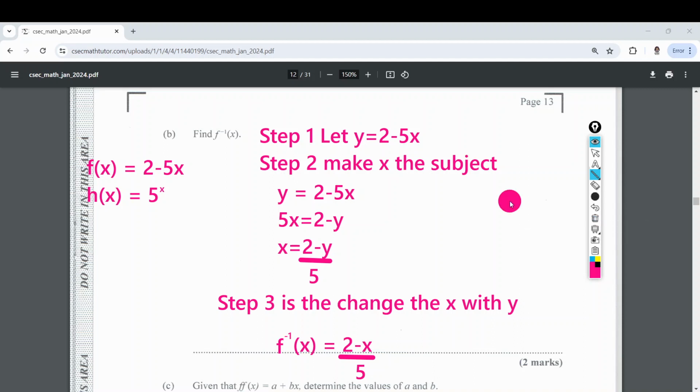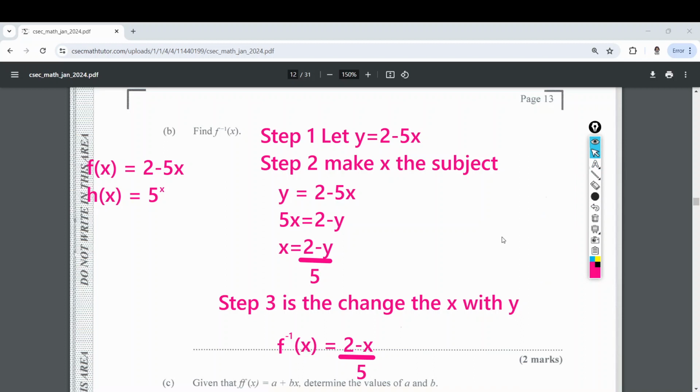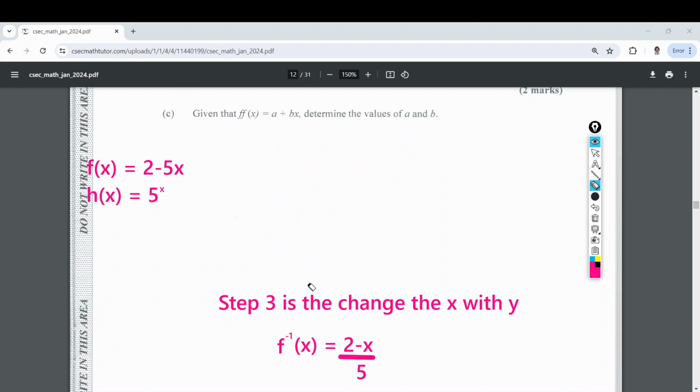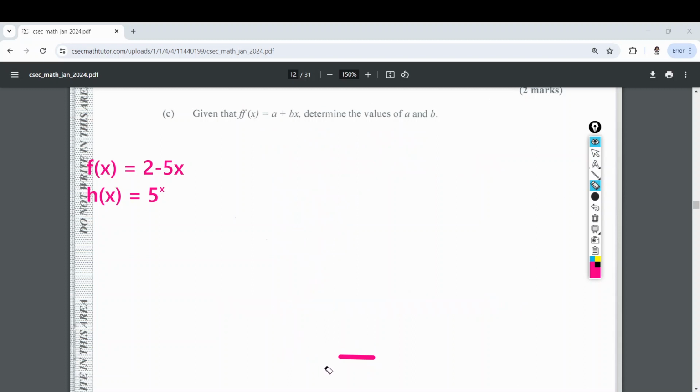Let's just scroll down here. So let me just clear the screen. Alright. And it says here, given that f of x is equal to a plus bx, determine the values of a and b.